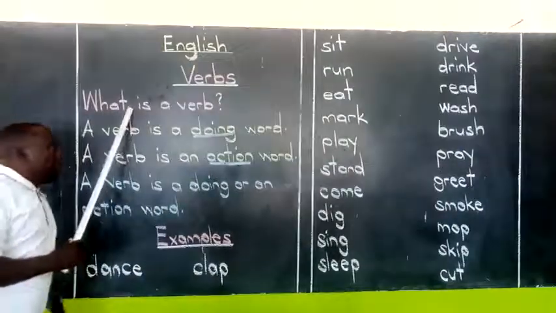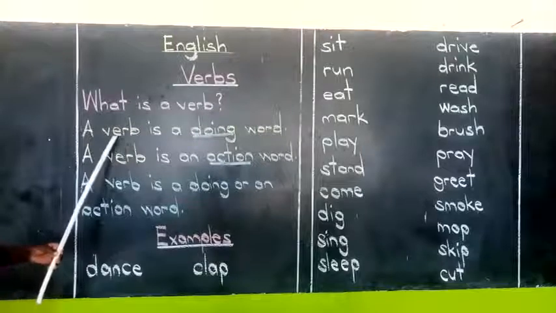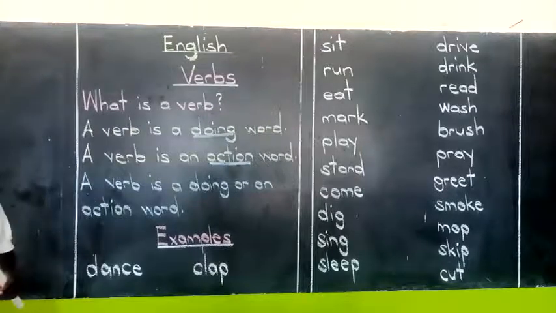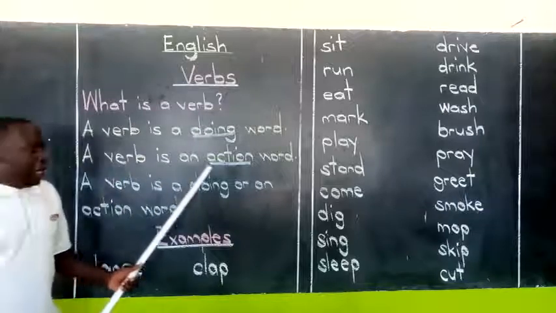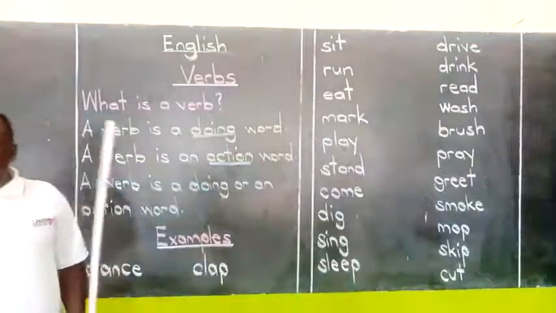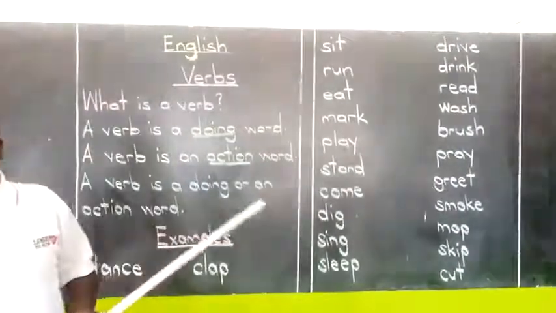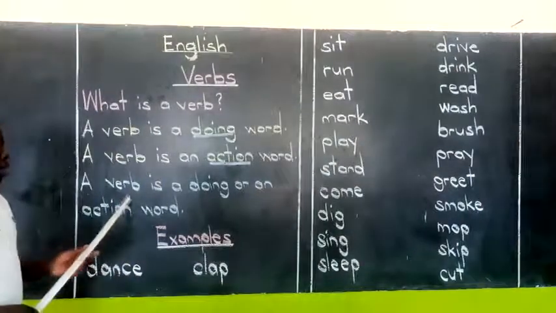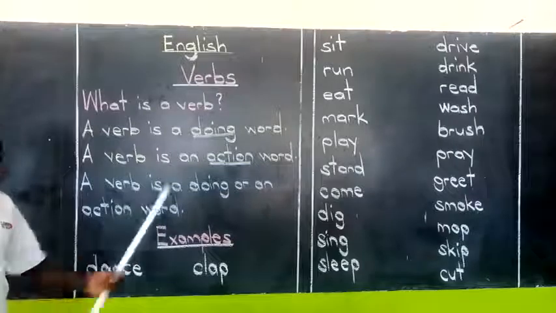And we have asked ourselves, what is a verb? We have said that a verb is a doing word, the way I've shown you. Or another person can say a verb is an actioning word. If you want to combine the two, you say a verb is a doing or an actioning word.